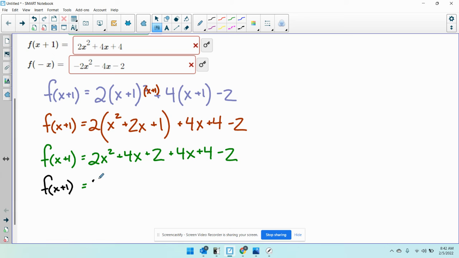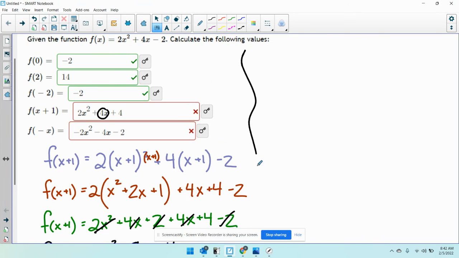My x squared terms, I only have one of them. That's 2x squared. 4x and 4x, I have 8x. 2 and negative 2 cross out, so I'm left with that. So really, you were very close. I think there was just a mistake with this x term. But nice work.